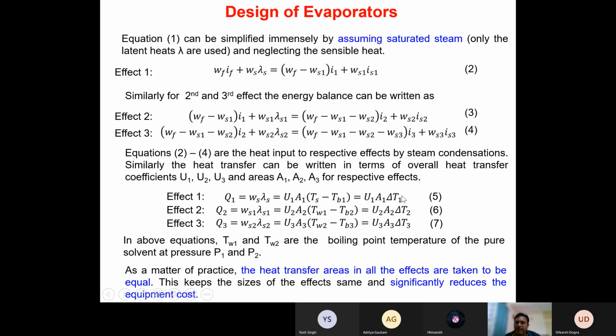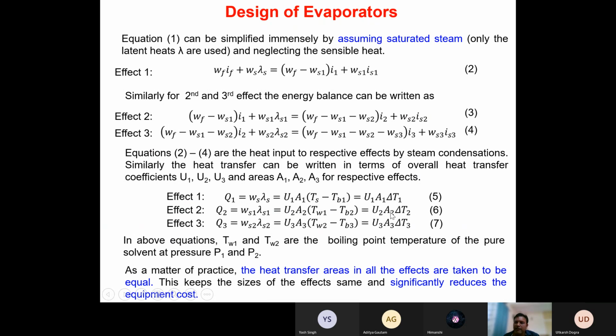So UA delta T1 will be the heat transfer to the first effect, and that should be given as WS lambda S. Similarly, for the second effect, it will be WS1 lambda S1 will be given as U2 A2 delta T2, and for the third effect, it will be WS2 into lambda S2 is given as U3 A3 delta T3.